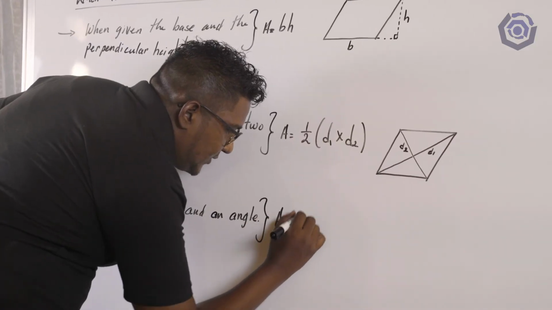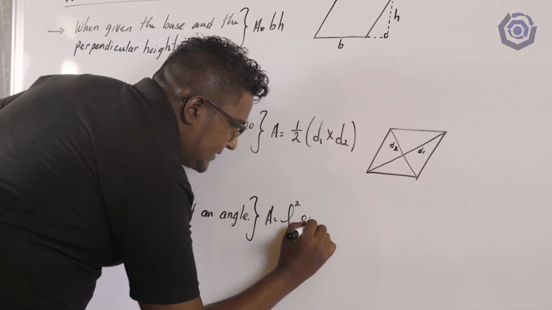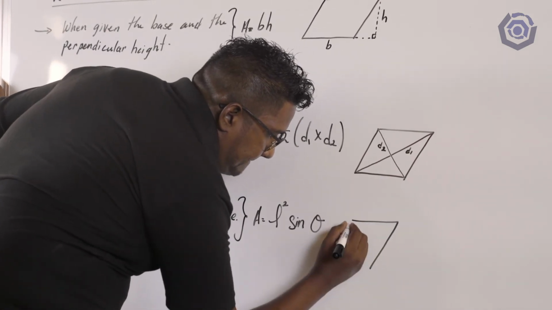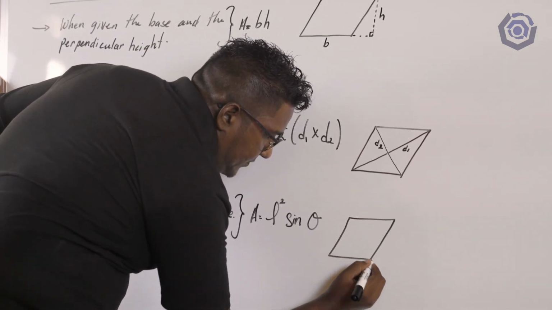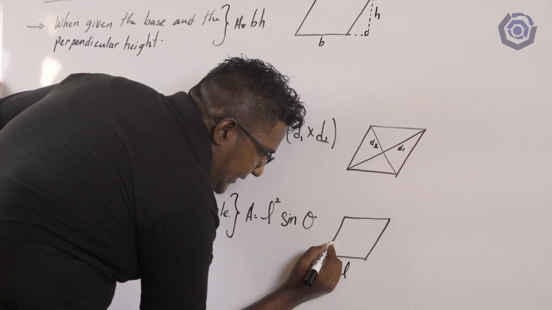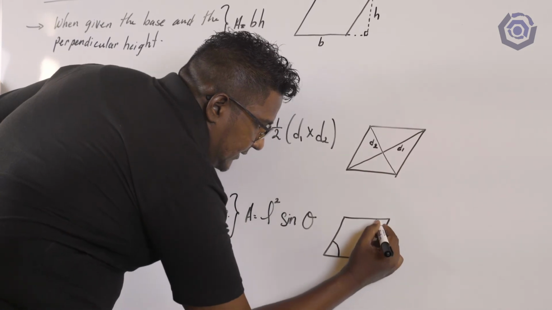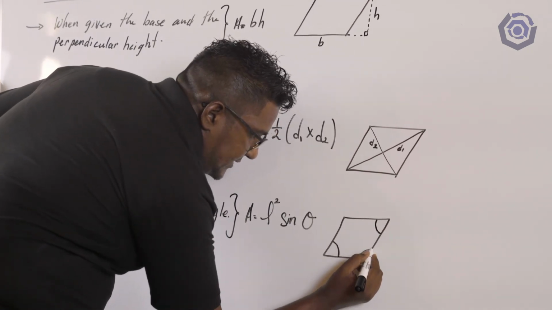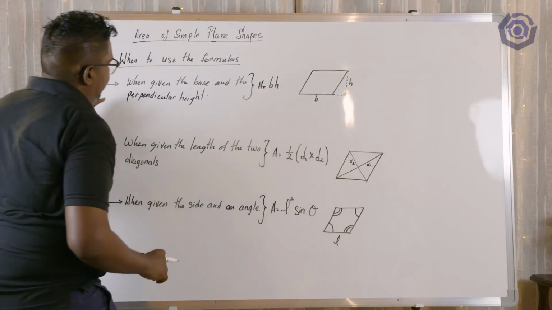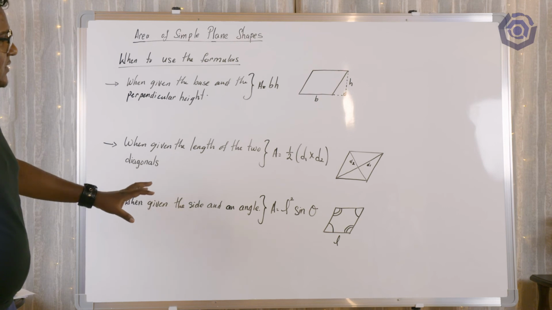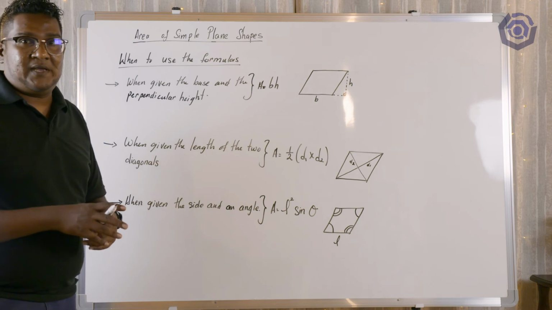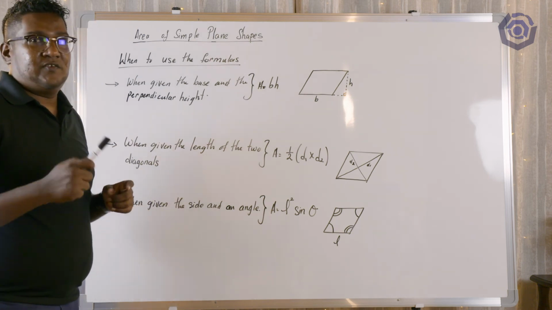A is equal to L squared sine theta, and just a quick reminder, we have the shape, it's the length of one side and the included angle, either opposite angles. So these are the three scenarios when finding the area of a rhombus. So you look for what is given and then you apply the relevant formula to find the area of the rhombus.